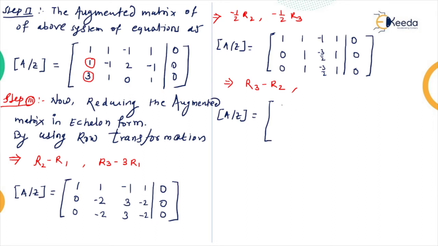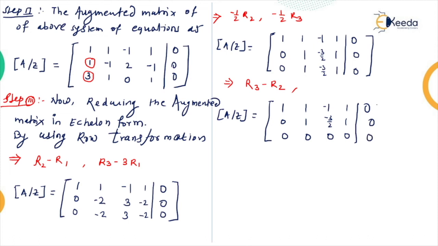Only R3 changes, so the first two rows stay as they are: 1, 1, -1, 1 and 0, then 0, 1, -3/2, 1, 0. For R3 minus R2: 0 minus 0 is 0, 1 minus 1 is 0, -3/2 minus (-3/2) is again 0, 1 minus 1 is again 0, and 0.